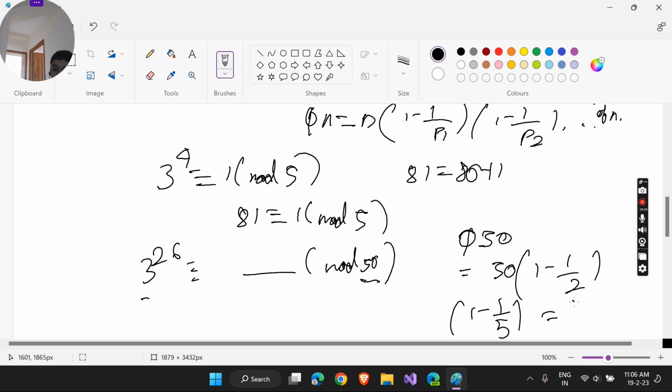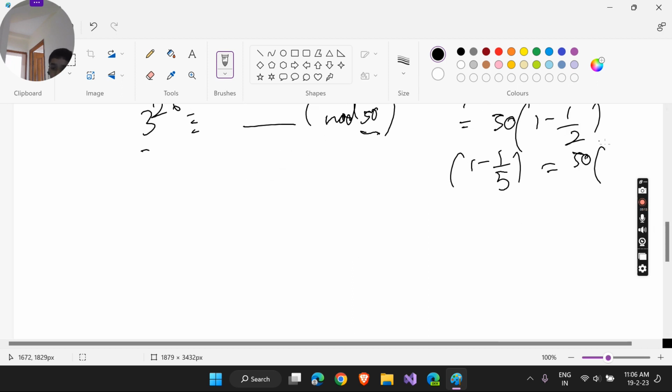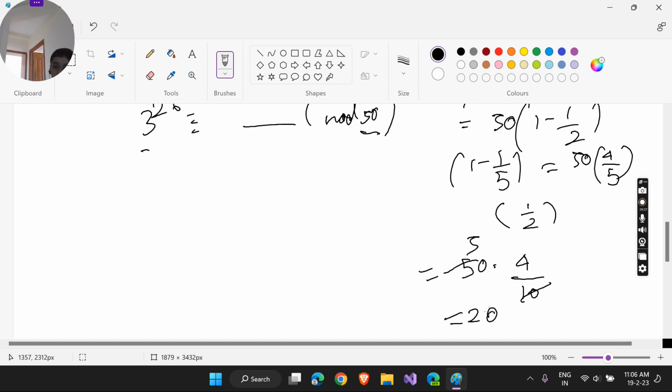This will be equal to 50 into 4 by 5 into 1 by 2, which is 50 times 4 by 10. So we get 20. So that means 3 to the power of 20 is congruent to 1 mod 50.